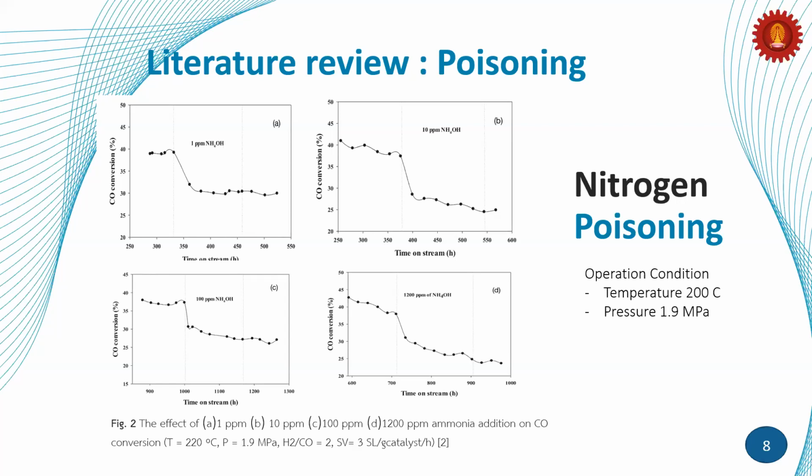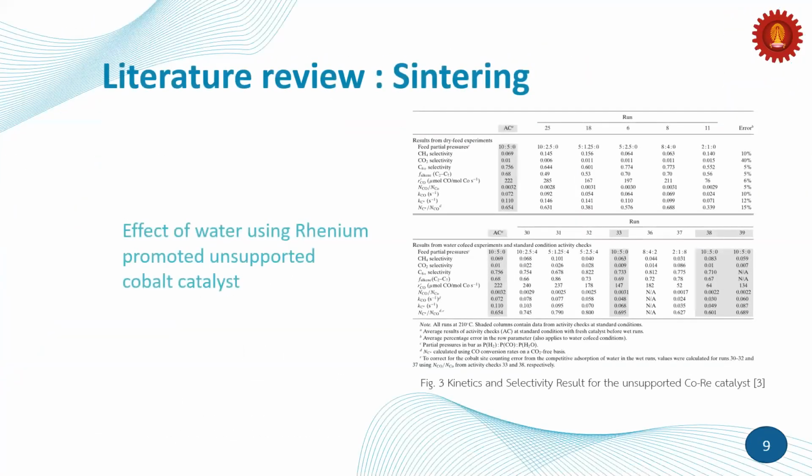The result indicates that small amounts of nitrogen contaminant have an immediate effect on the catalytic activity. Ammonia appears to poison cobalt metallic sites to some extent. Sintering is the main cause of deactivation and leads to a reduction of the active surface area.